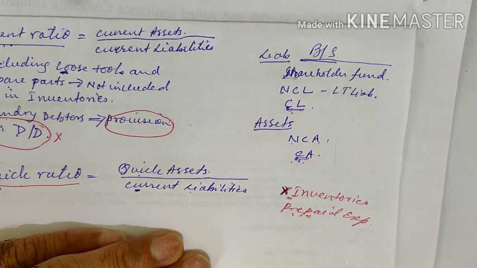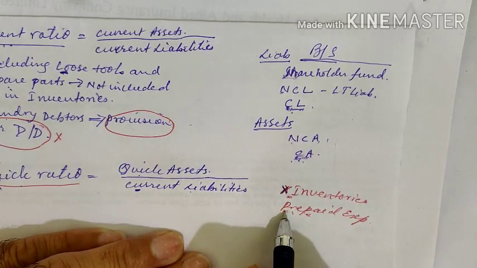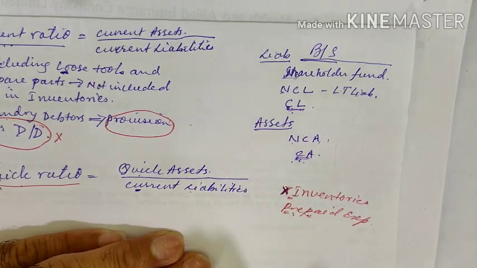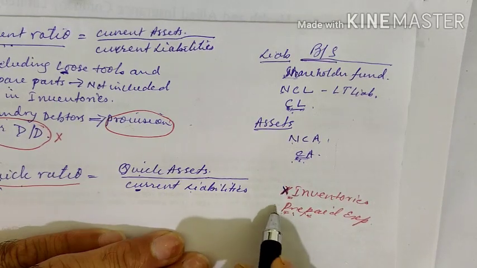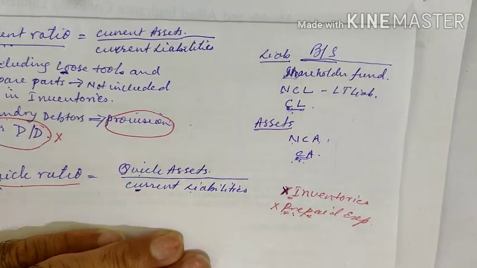In place of wages paid in advance, what are you going to receive? Not the cash. You are going to receive service. Prepaid expenses cannot be converted into cash. They have to be converted into a form of service. Since this cannot be converted into cash, prepaid expenses will not be taken in the quick assets.